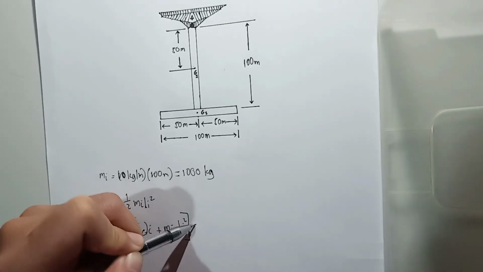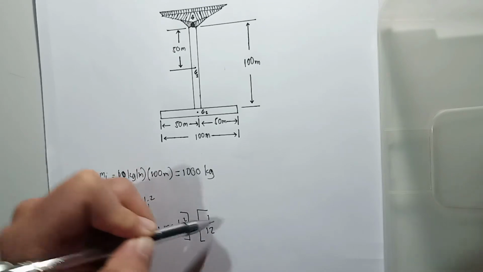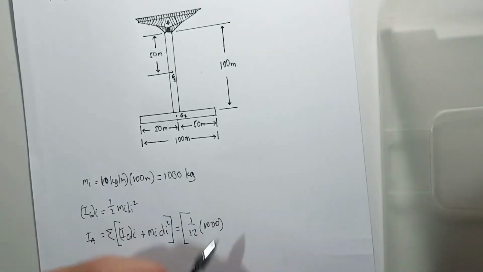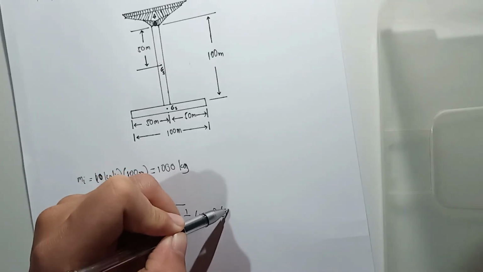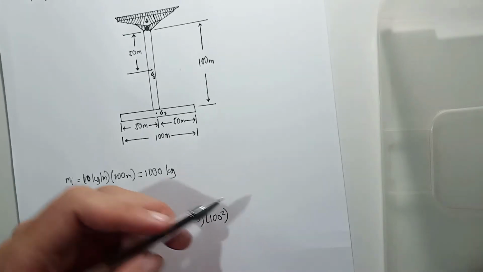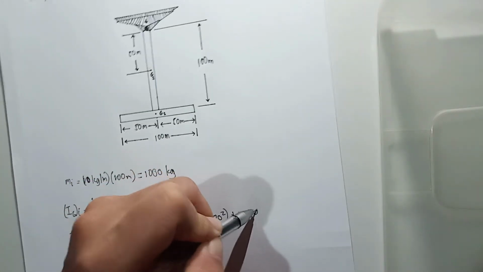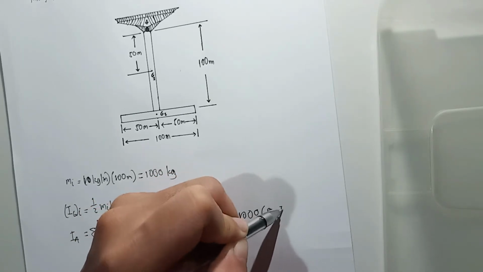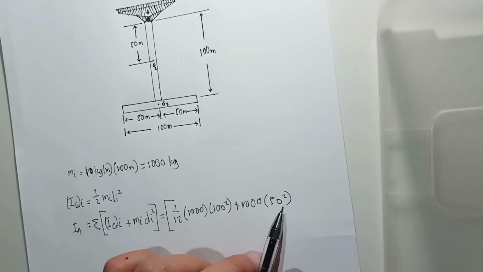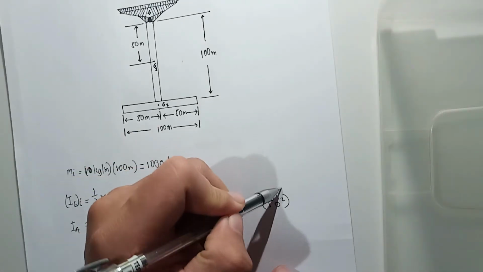So it is equal to 1 over 12 times 1000 for the mass, times 100 squared for the length, plus 1000 times 50 squared, the mass and the distance to the center of gravity, or the centroid.